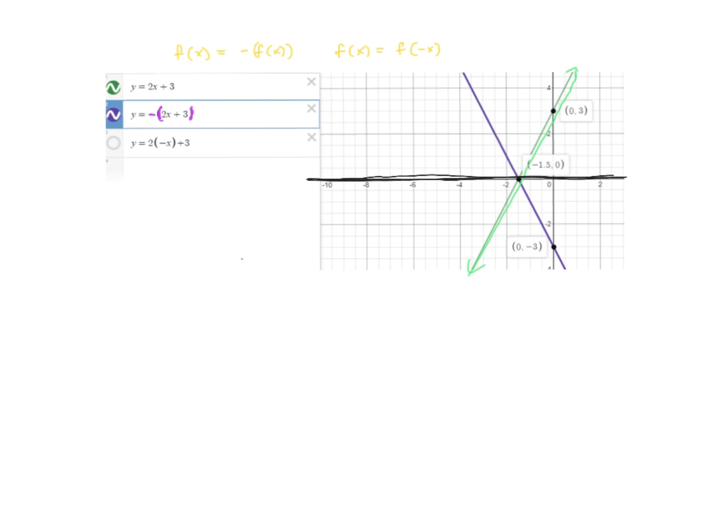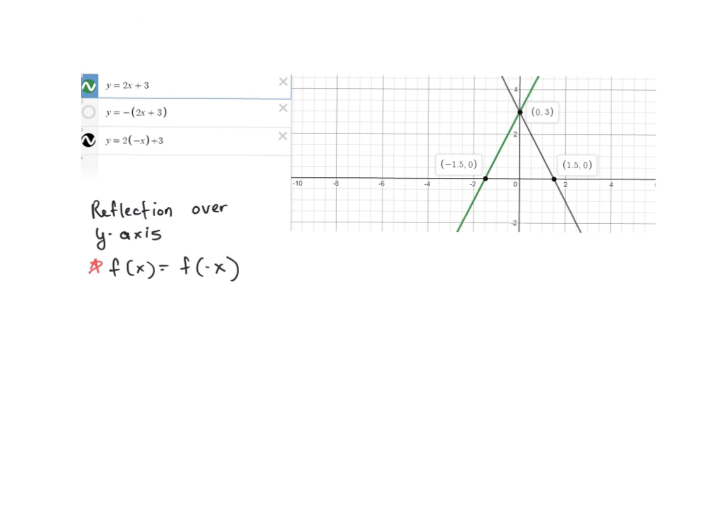You have a reflection along the x-axis, and one thing that tells us that is our y values, a change from 3 to -3, which shows us this flip over our x-axis. So when you have a negative on the outside of a function, you can put the parentheses there, and you're going to have a reflection along the x-axis.